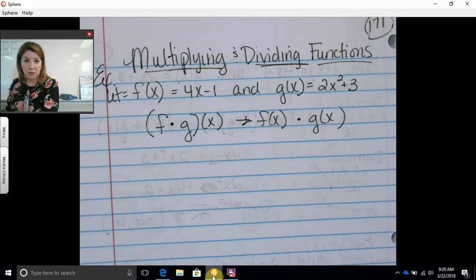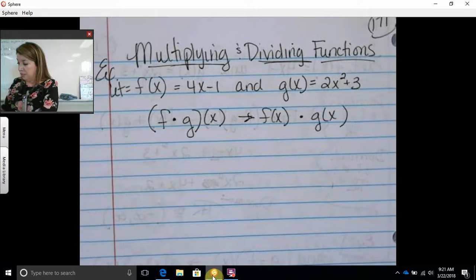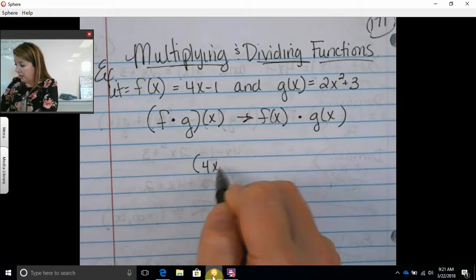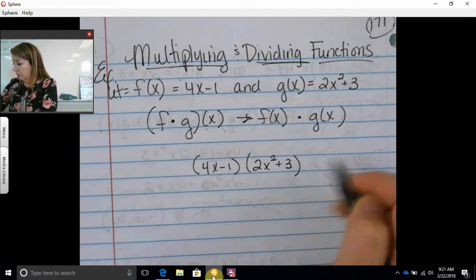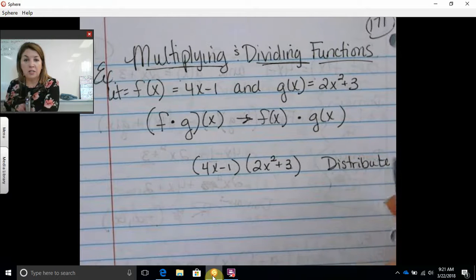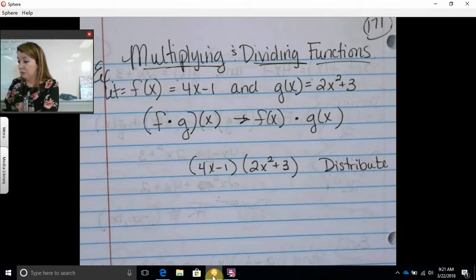This time we have two terms on each. They're both binomials. I'm multiplying them. So a binomial times a binomial, I'm going to have to put parentheses around both functions. And I will have to distribute to get rid of the parentheses, which we have done in this class probably 1,000,000 times.